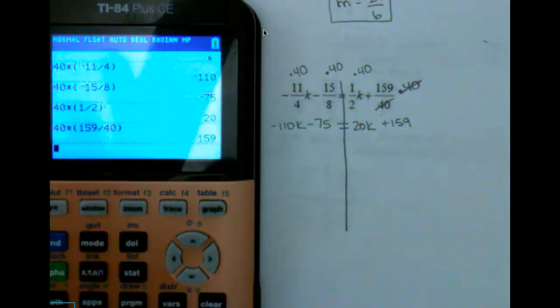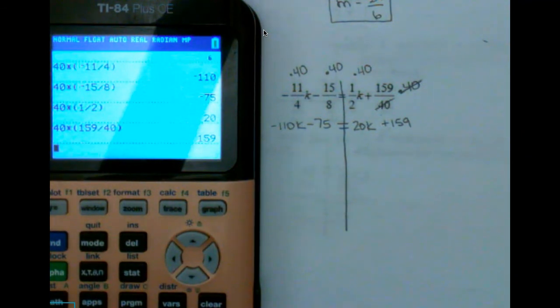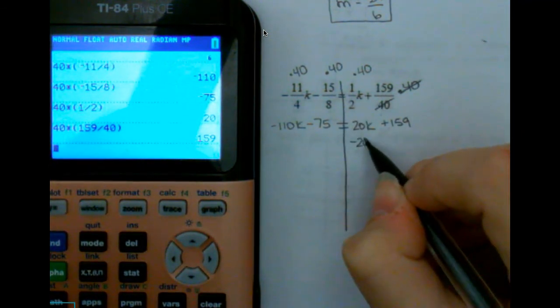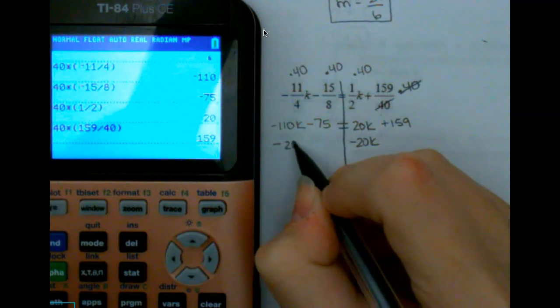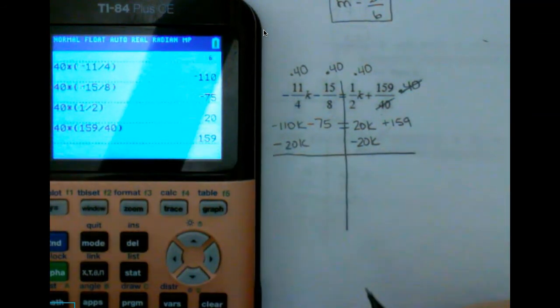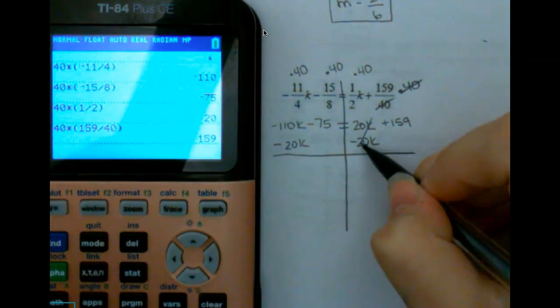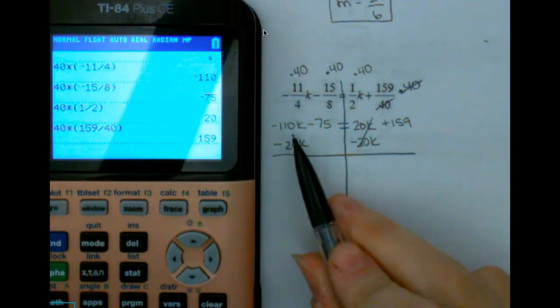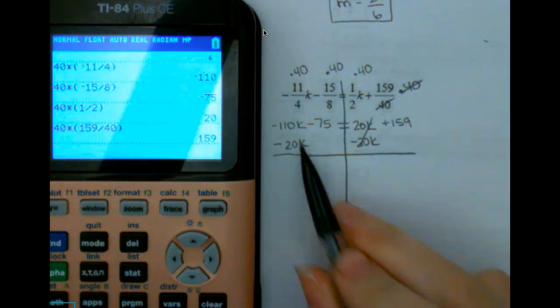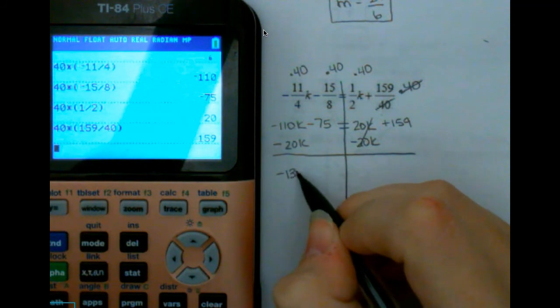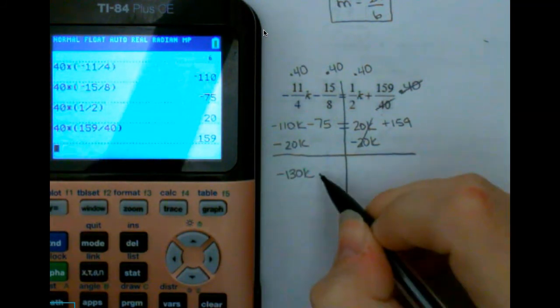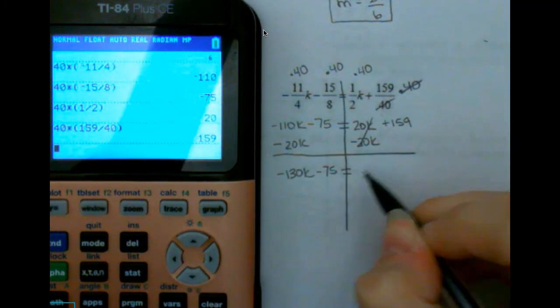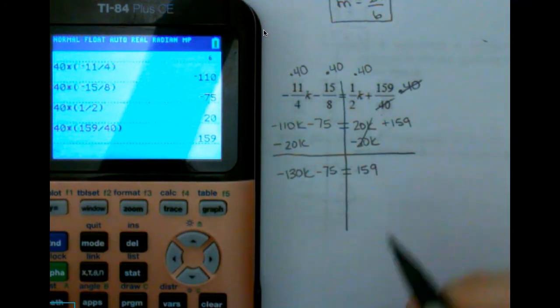Okay? Now we solve like normal. I'm going to get this 20k on the left, so I'm going to subtract 20k on both sides. These cancel out, and on the left side, I've got negative 110 minus 20. That's negative 130k. Bring down the 75, bring down the 159.